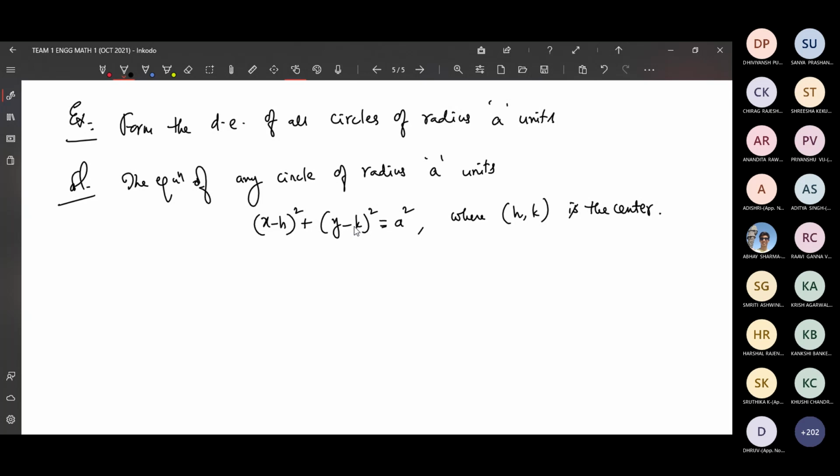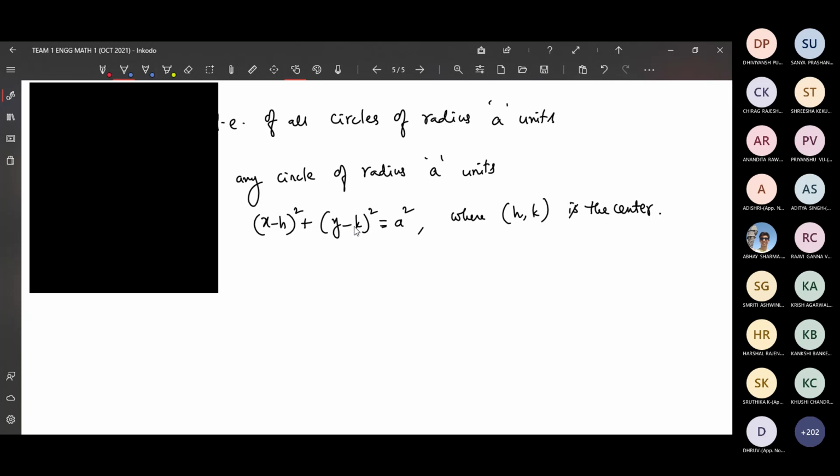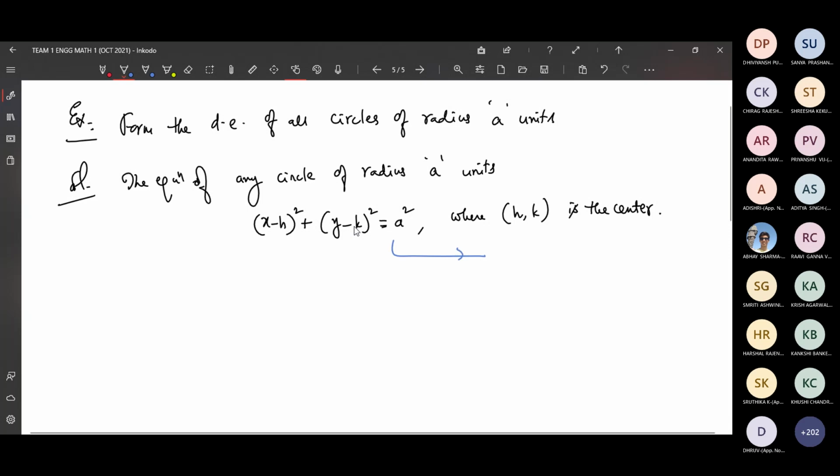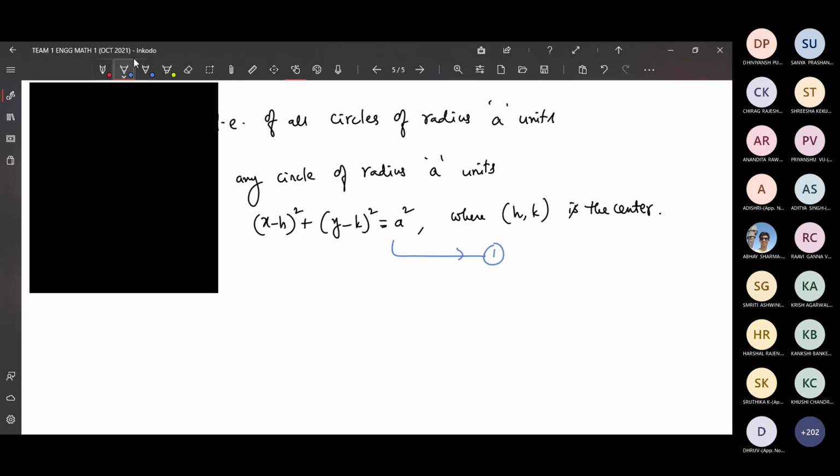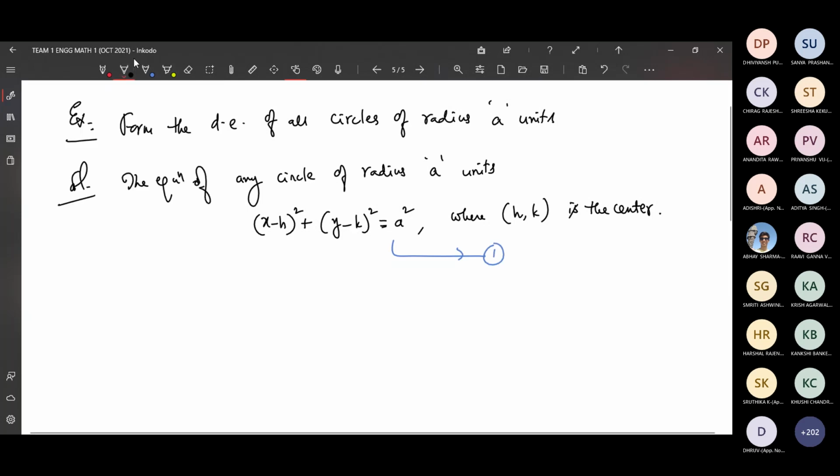Now if I call this equation 1, a little more computation is involved here, but it's not difficult. There are two constants here, h and k.